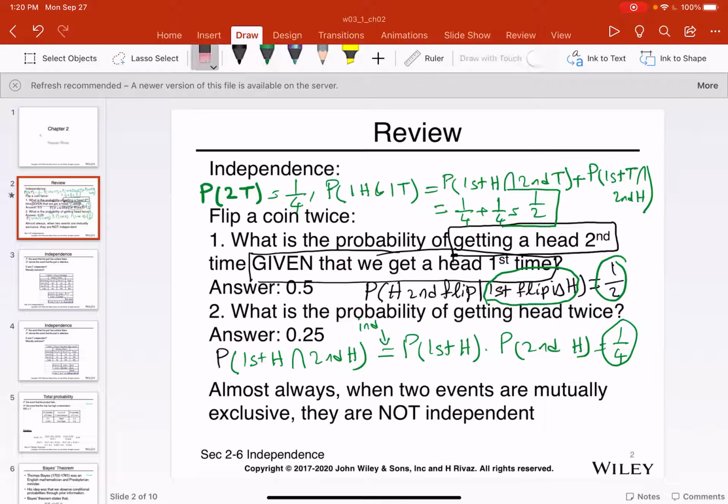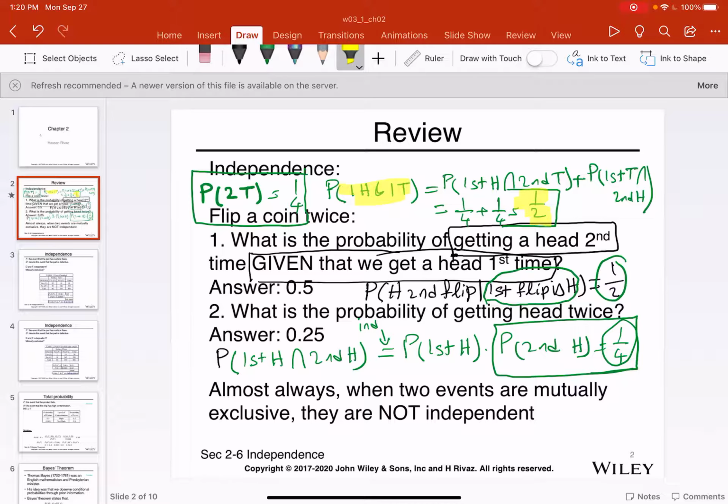So if we summarize, the probability of 2 tails is 1 divided by 4. The probability of 2 heads is also 1 divided by 4. But the probability of a head and a tail is 1 divided by 2, right? And intuitively, this should make sense to you, right?